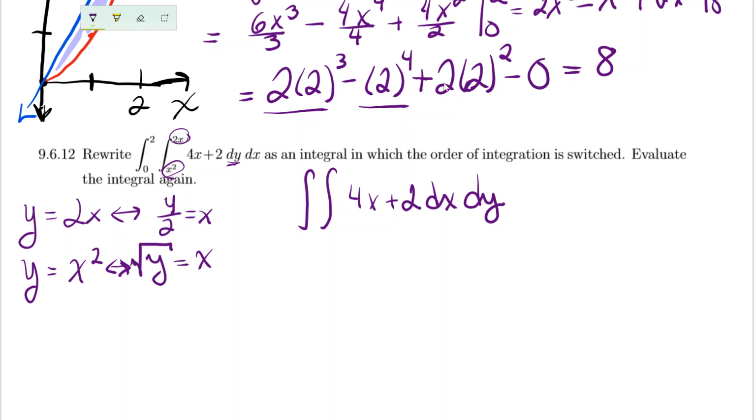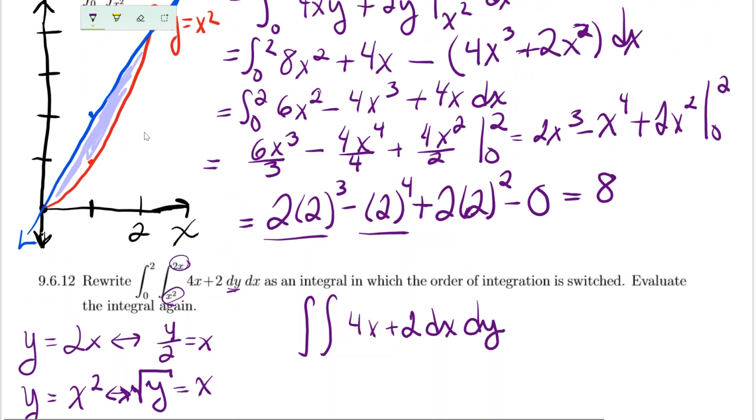Now, something crucially important, and I'm going to scroll back to my picture for a second for you to see this. The reason it was going from x squared to 2x was we were doing this vertically, which means the bottom function was this one and the top function was this one. I'm going to erase that for a second and go back to where I started. Now we're doing from left to right.